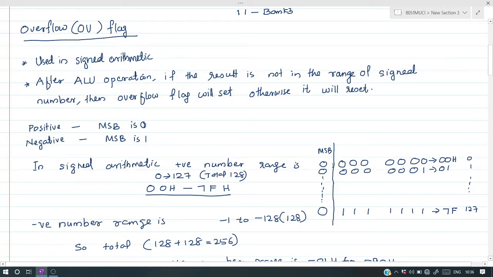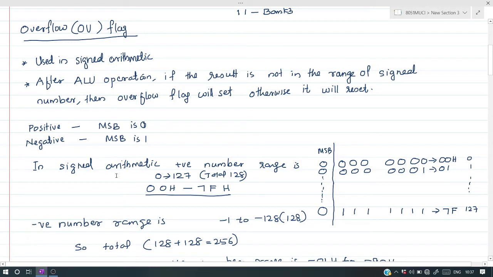The remaining bits start with everything 0, then it becomes 1, and finally up to 7 bits everything becomes 1. The corresponding hexa number is 7F. So from 0 to 127, the corresponding hexa number is 00 to 7F. So the positive number range is from 00H to 7FH.